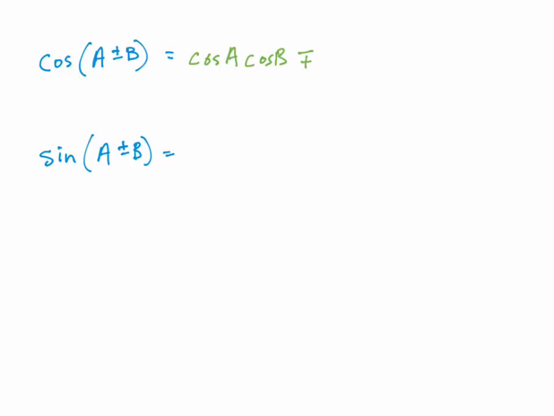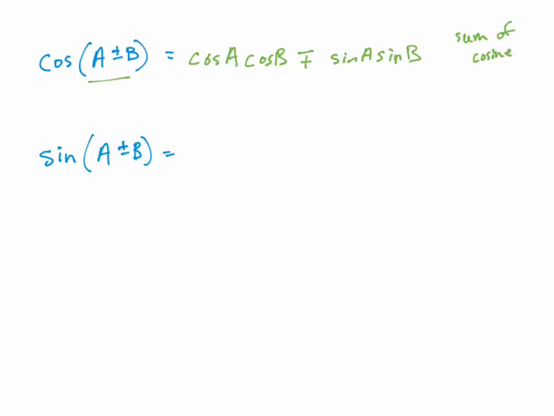If we're adding A plus B in the original, we're going to subtract. If we subtract in the original, we're going to add. And then we have sine of A times sine of B. So this is an identity, the sum or difference of cosine.